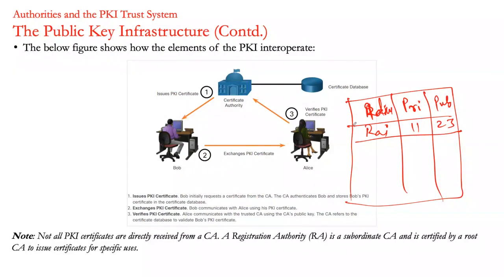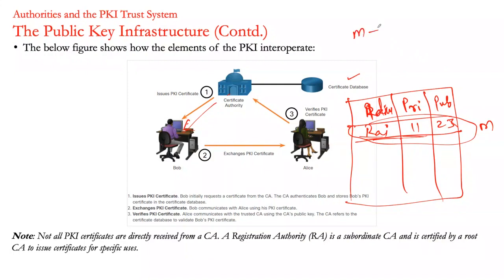And once it is verified and stored in the database, the entire message will be digitally signed by the certificate authority and sent to the sender. So now that is digitally signed. This entire message, let us assume this is the entire message.